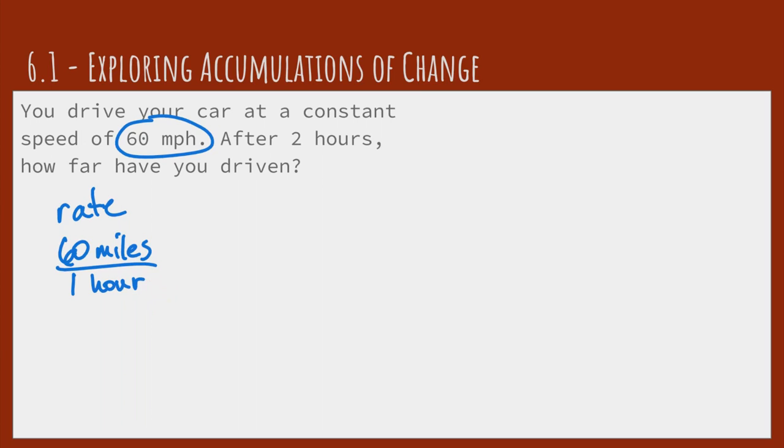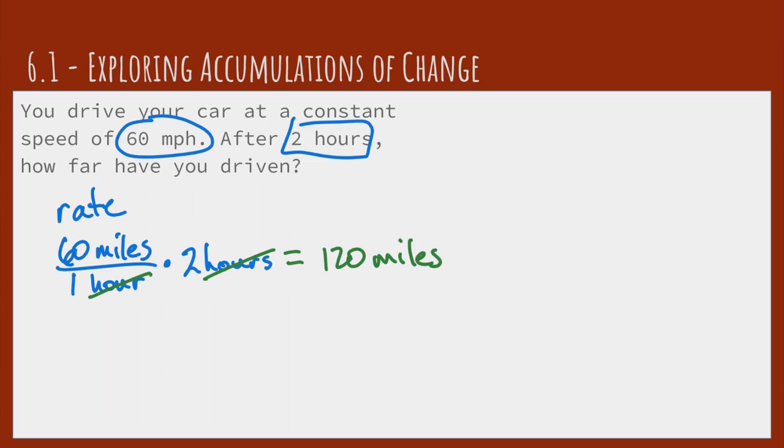So this rate is telling us that every hour that we drive, we're going to go 60 miles. So if we know that we go for 2 hours, we can multiply this rate by a time. And what happens here when we multiply by time is that the time units are going to end up canceling each other out, and we get 120 miles.